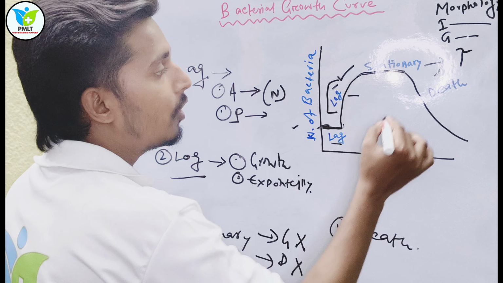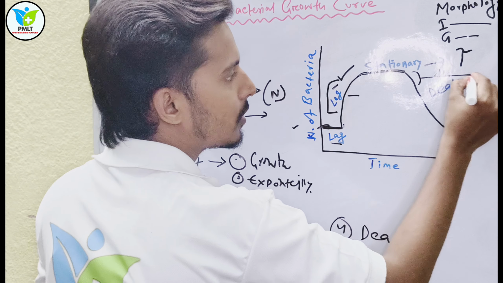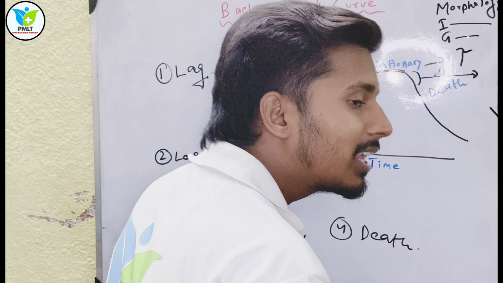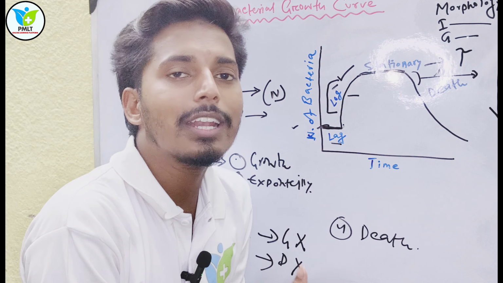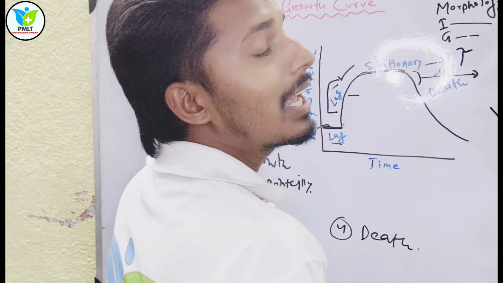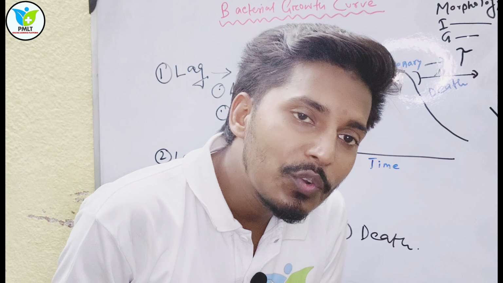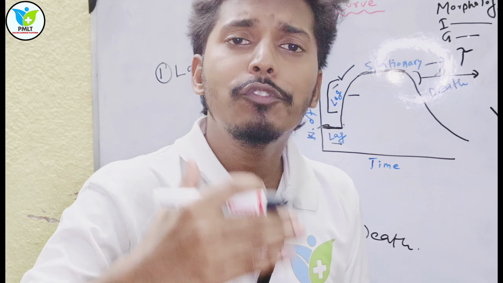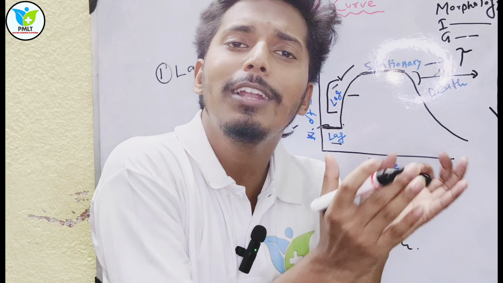After that, there is also the phase of decline. Decline means deny, decline means stop, decline means giving a negative response. In the phase of decline, all the nutrients or ingredients become finished, so the bacteria have to die. Bacteria are not able to grow, right?